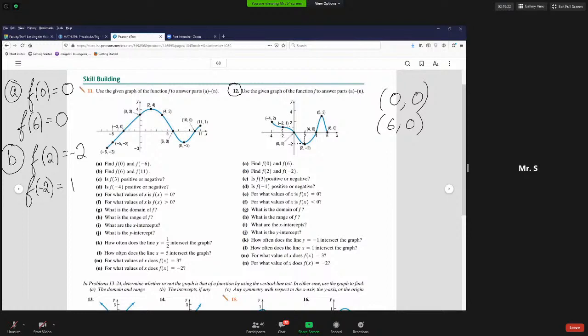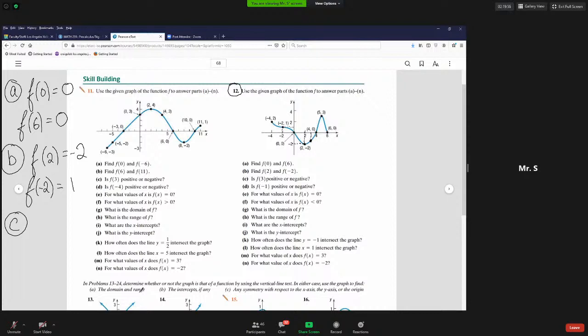Part C says, is f of 3 positive or negative? Negative. Let me erase these ordered pairs. For f of 3, we know that 3 is the x value. So we go to 3 and see where our function is at 3. We don't know exactly where it is, but it's somewhere down here, and it's not asking for the exact value, just whether it's positive or negative.